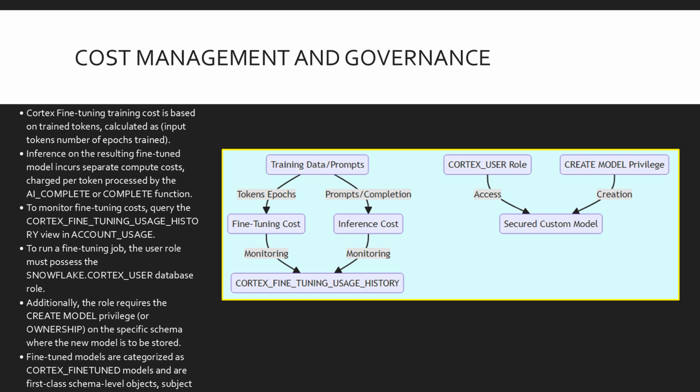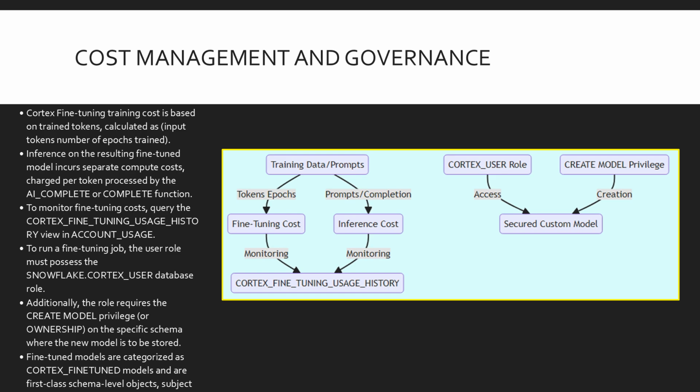Regarding strict governance and access control, initiating a fine-tuning job requires the invoking user's role to possess the fundamental Snowflake.Cortex_user database role. Furthermore, to successfully save and register the resulting fine-tuned model object, the role must also be explicitly granted the create model privilege, or full ownership, on the designated schema where the new model is intended to be stored permanently.